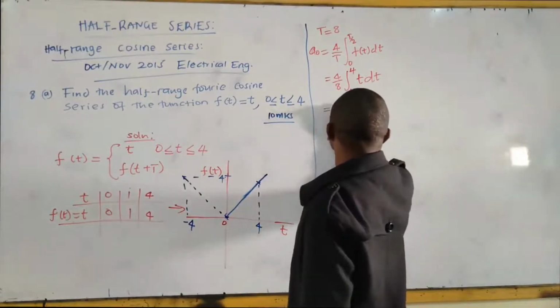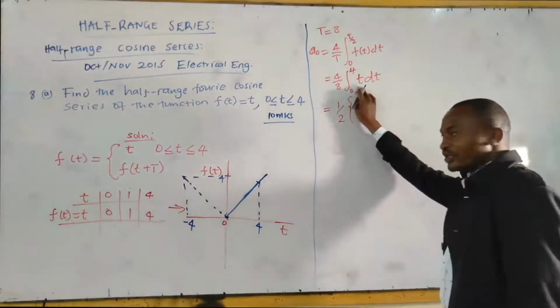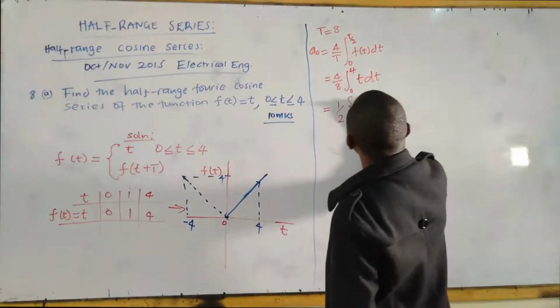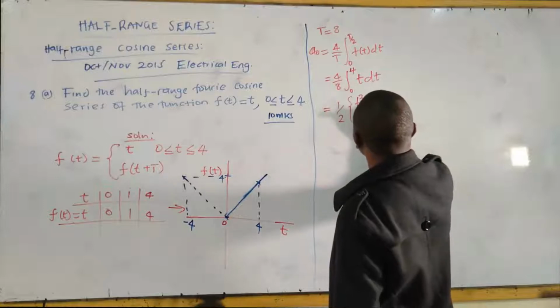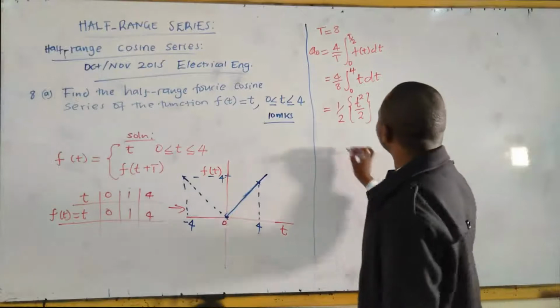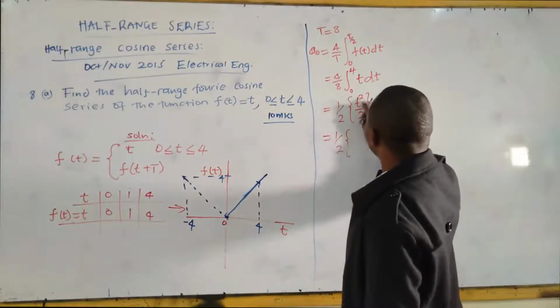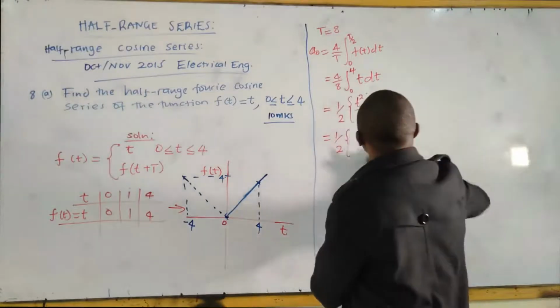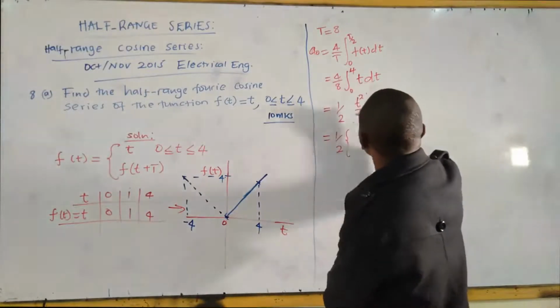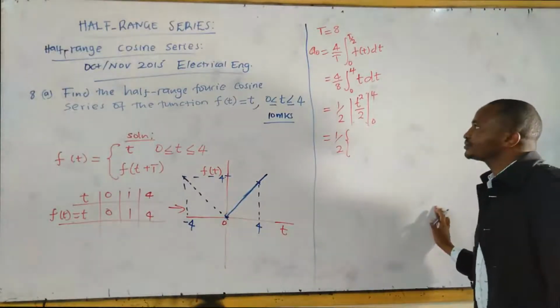When you integrate here, you get t squared over 2. Here I should have applied the limit of integration, from 0 to 4.